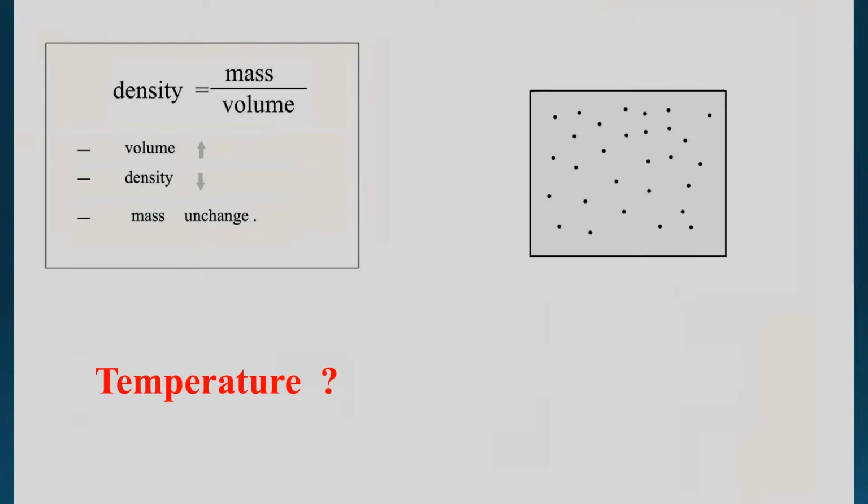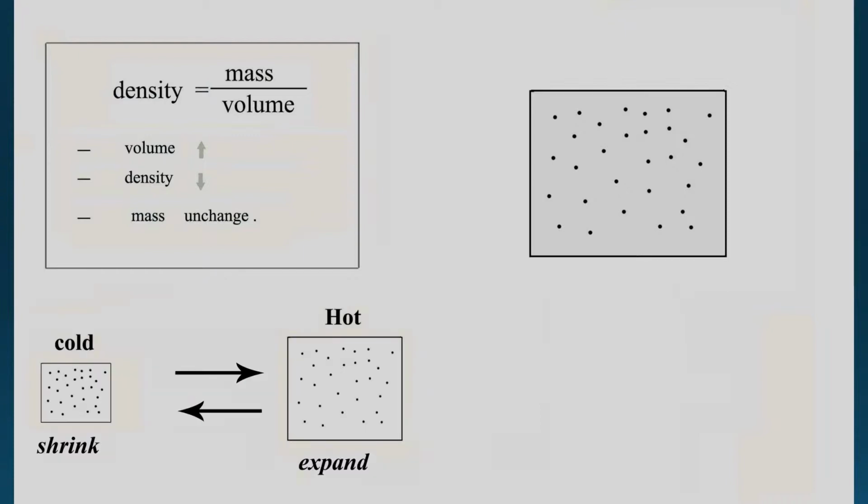What happens when temperature is included? You will find one simple rule. Cold shrink, hot expand. This is a common phenomenon. Anything cold shrinks, anything hot expands, especially gas.